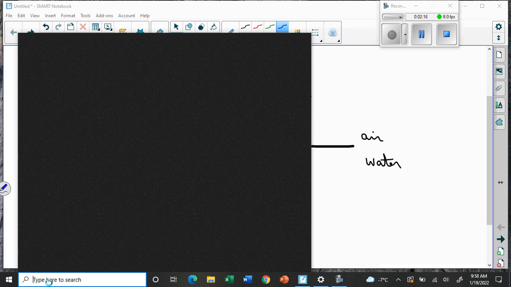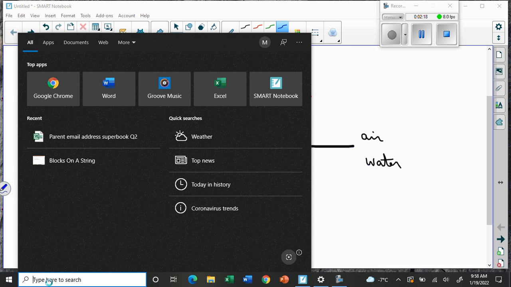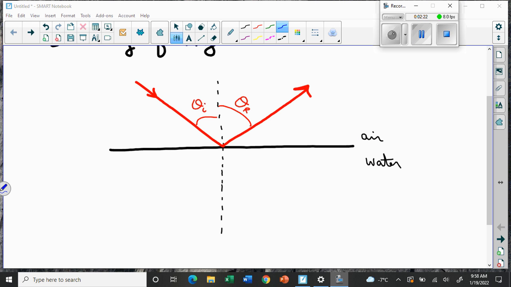It gets bent. Okay? So I'm going to draw it sort of bent like this, going down. See how it's closer to the normal line? It's bent closer. And so what we have down here is another angle that's different from the incident or reflected angles up above.